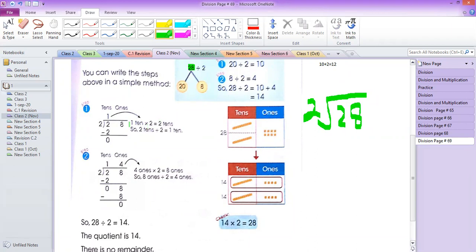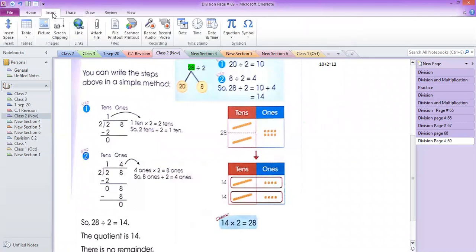Two things only you need to remember right now. This is the sign of division, and you have to write the dividend inside and the divisor outside.